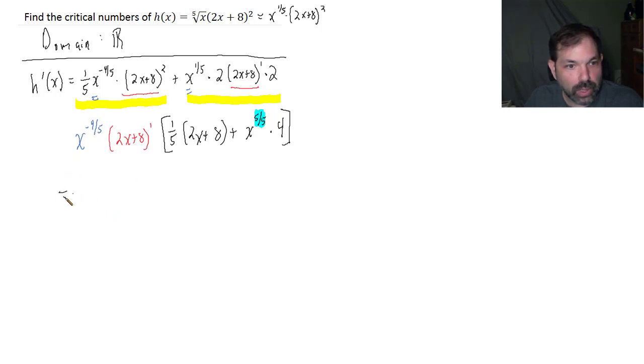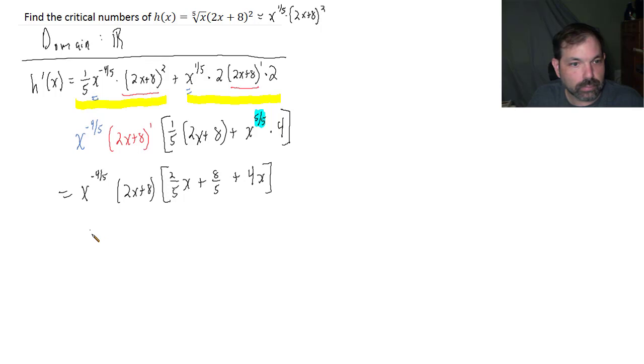So then what do we have? We have x to the negative 4/5. We have a 2x plus 8. Then we have, in the brackets, 2/5 x plus 8/5 plus 4x. So that's an x to the negative 4/5 by a 2x plus 8.